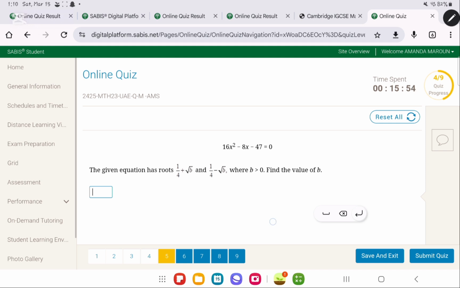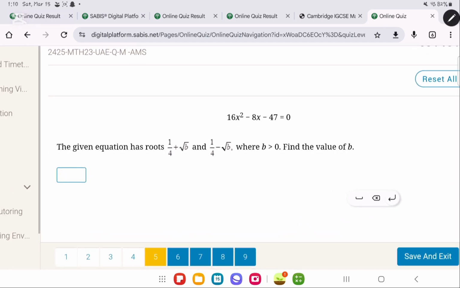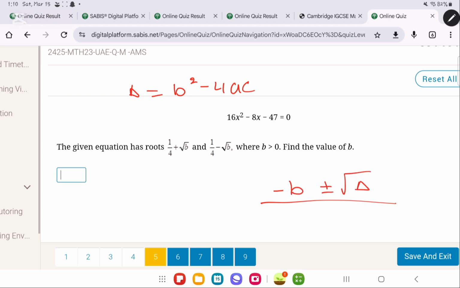Okay, this is a very simple question. It is about the quadratic formula. So for the quadratic formula, you just need to memorize a few things. First thing is that delta is equal to b squared minus 4ac. And to find the roots of anything, it's gonna be minus b plus or minus radical delta, which is the discriminant, over 2a.